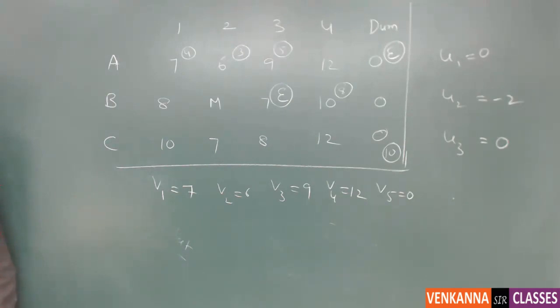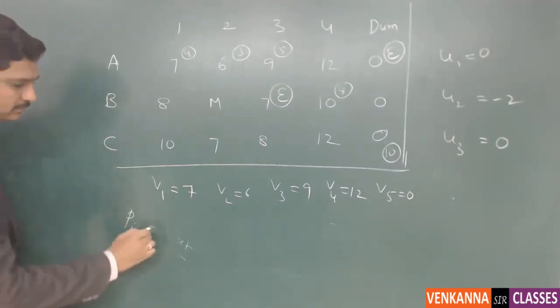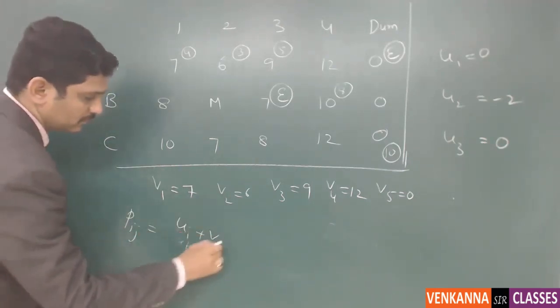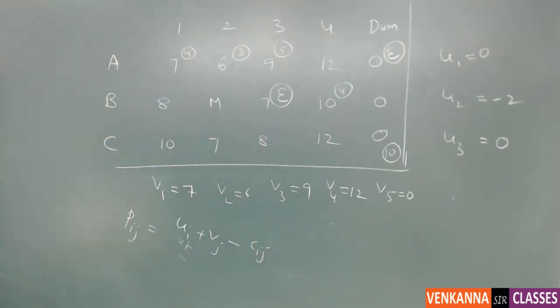On checking, you can verify where you get a positivity if you calculate the penalties. For the non-basic cells, where there is no allocation, you can check where you have a positive sign, the positive penalty you can find.